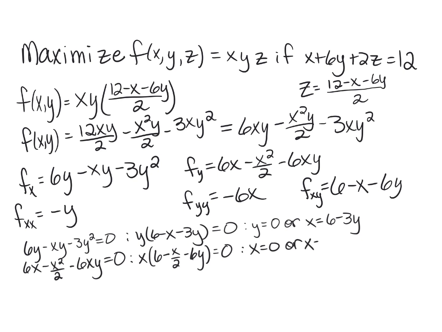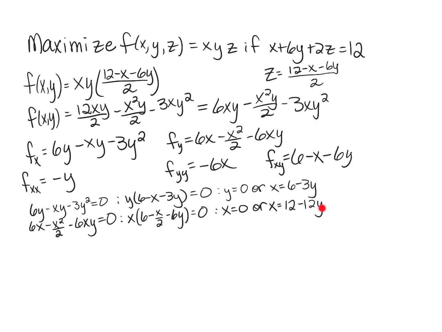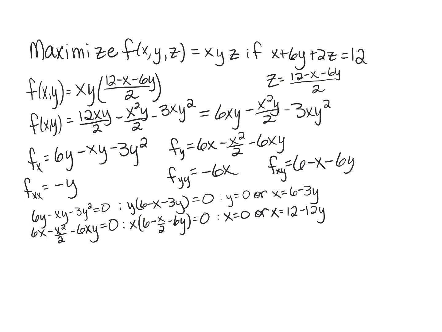I want to solve for x, so I can multiply everything by 2 and get rid of that fraction. So solving for x, I have 6x over 2 is 6 minus 6y, multiply away the 2, and we get 12 minus 12y. Okay, now this y can be with this or with this, and this can be with the 0 or with this. So let's take y equals 0 and pair it with this second equation here.